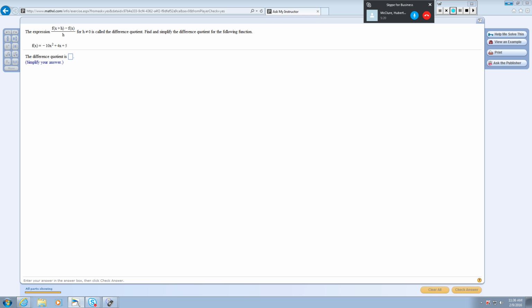Now, distribute the negative 10. And that's going to give you negative 10x squared minus 20xh minus 10h squared plus 4x plus 4h plus 5 minus 10x squared minus 4x minus 5 all over h.